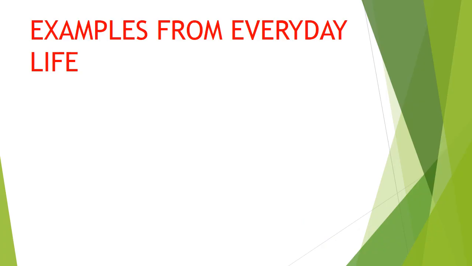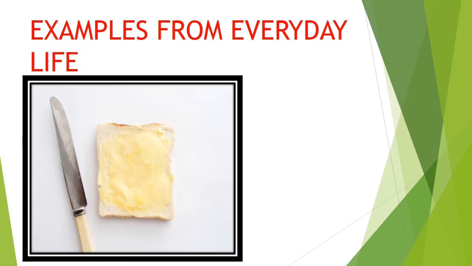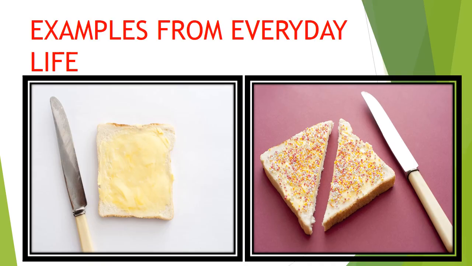Let's take another example from our everyday life. What do you see? A slice of bread. Now what do you see? The slice of bread has been cut into 2 parts. One picture shows the whole slice of bread, whereas the other picture shows that the whole slice of bread has been cut into 2 pieces.